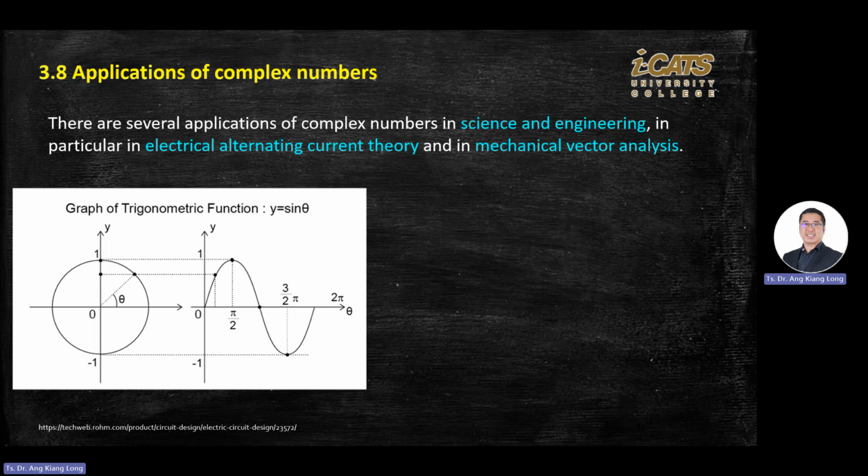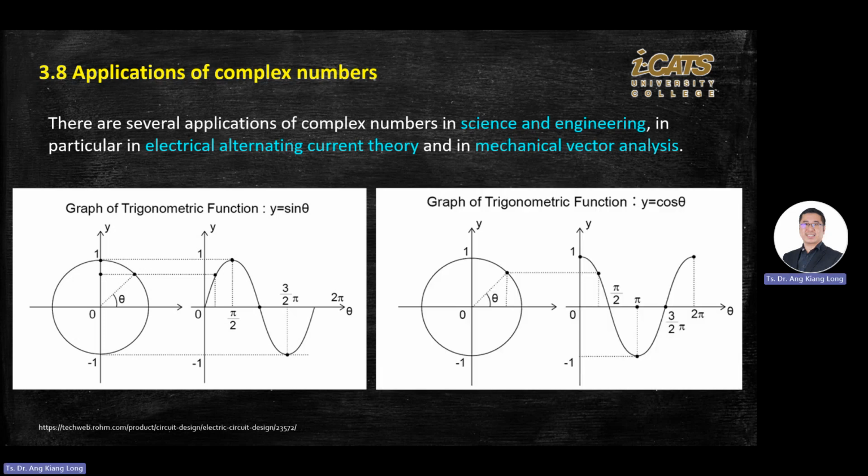So it's actually rotating anti-clockwise. Between the sine and cos, the difference is half pi. It depends on the angle you go, and the angle is measured from the real axis, anti-clockwise.